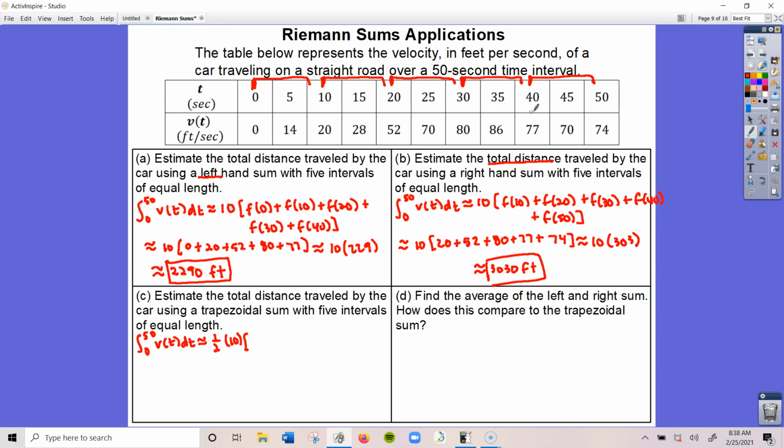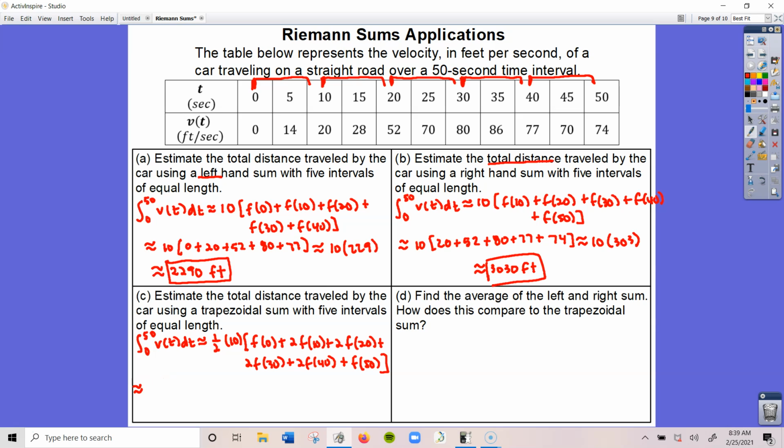And then since these are equal subintervals, we use the first one once, and then, because remember, this is base 1, base 2, then base 1, base 2, base 1, base 2. Those middle bases all repeat twice, so that's why we're doing 2 f of 10, 2 f of 20, etc. So f of 0 is only used once, plus 2 f of 10, plus 2 f of 20, plus 2 f of 30, plus 2 f of 40, plus f of 50 only once.